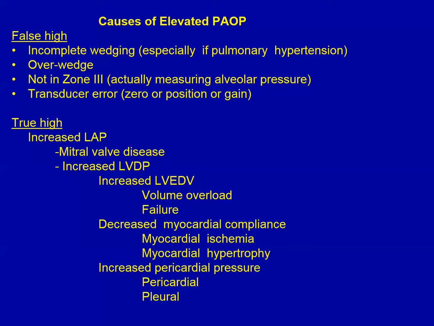If it is truly elevated, then one must go through this differential diagnosis of the causes of elevated left atrial pressure, including mitral valve disease and increased end diastolic volume, decreased myocardial compliance, or increased pericardial pressure.